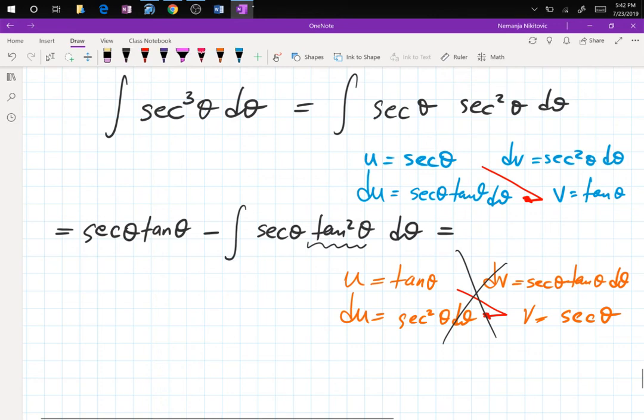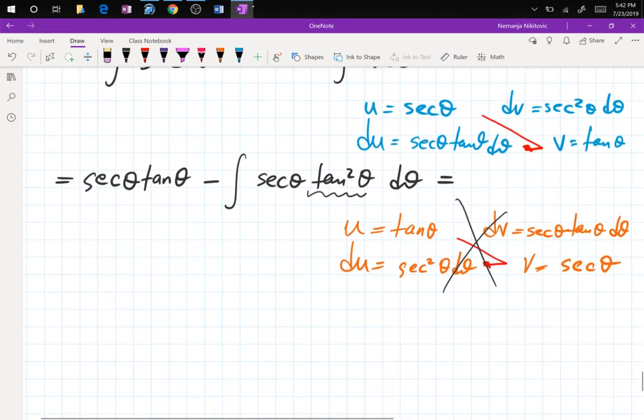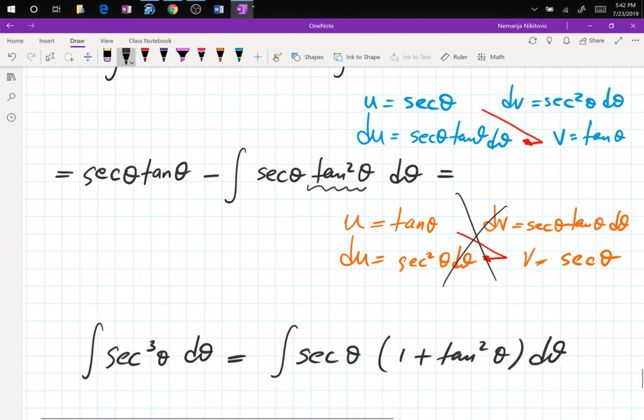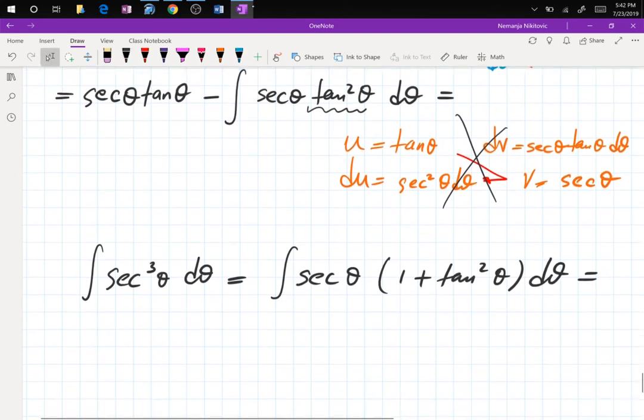So this is the beauty of these difficult problems, because it makes you think a lot. So I split one secant theta and then the other secant theta is 1 plus tangent squared theta d theta. So we can try this way now.